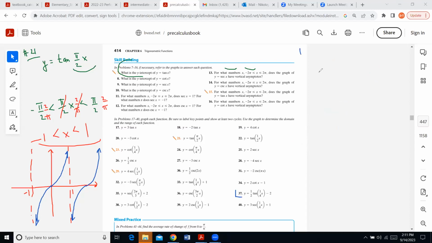So I'm going to graph without that -2, because with a -2, I'm just going to bring the whole picture down. So my goal will be to take a half and multiply it by the tangent of that argument, which is 1/4 x. So what happens with a graph if you multiply it by 1/2?